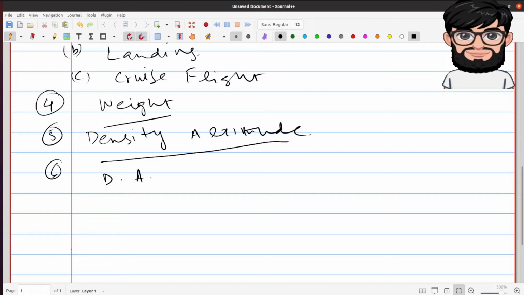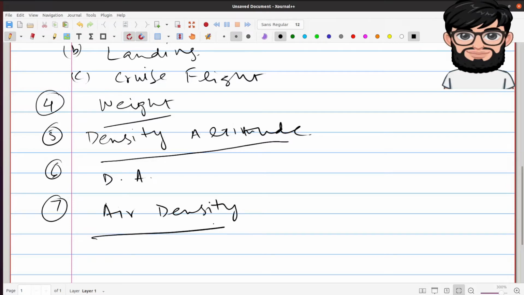Okay, now we want to talk about a very similar thing. We were talking about density altitude, right? Now we want to talk about air density effects.